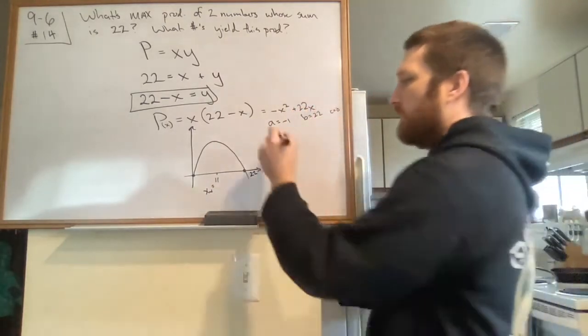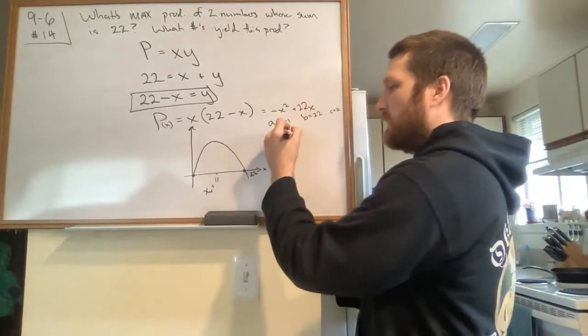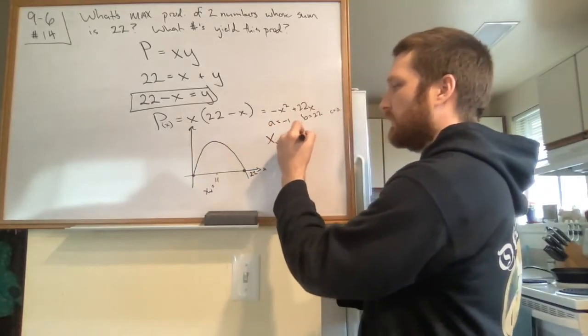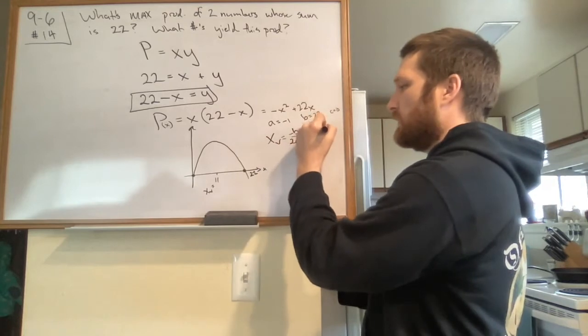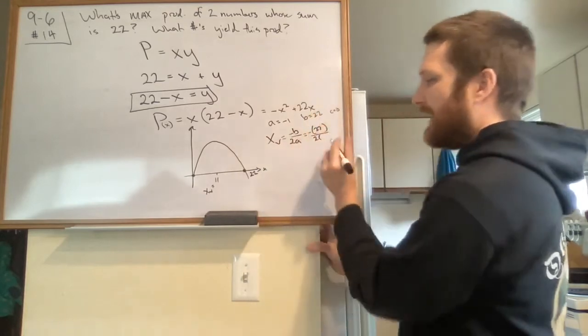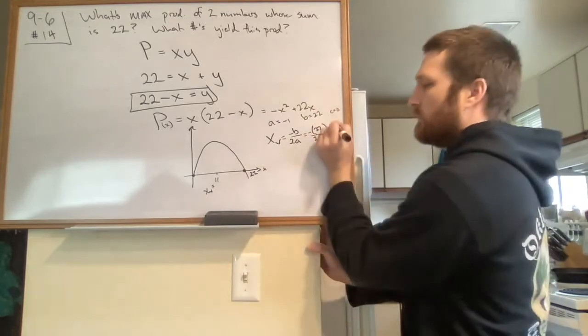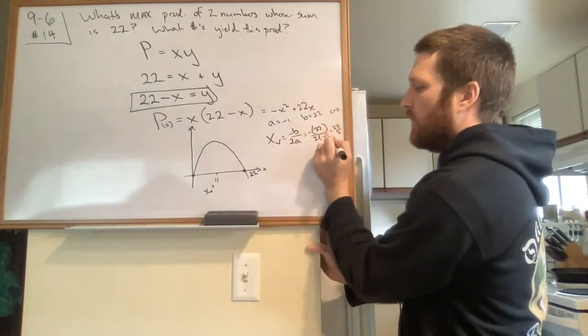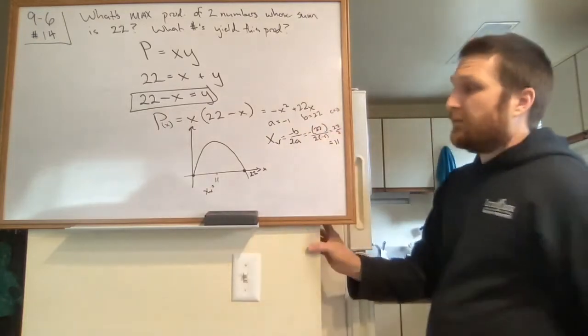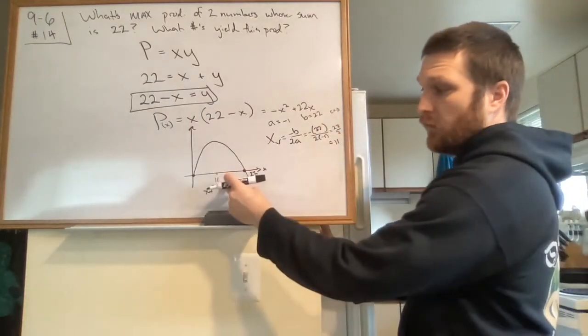The x value of the vertex occurs at -b over 2a. So we have -22 over 2 times -1. A negative over a negative is a positive, so we're left with 22 over 2, which is 11. So yeah, that works both ways.